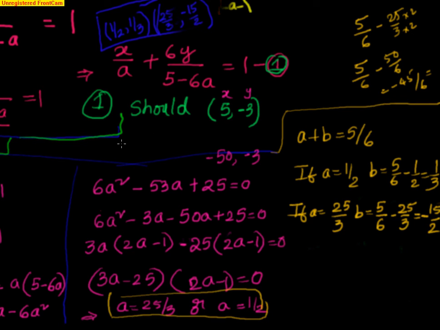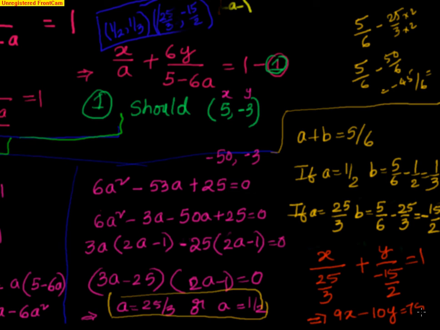Okay. So if I take another value, x by 25 by 3 plus y by minus 15 by 2. If you take it and equate this, this simplifies to 9x minus 10y is equal to 75.